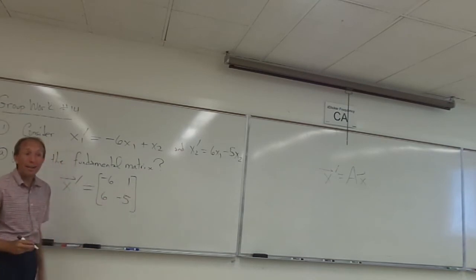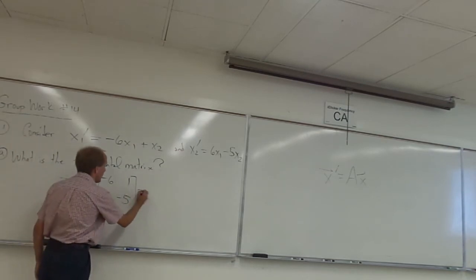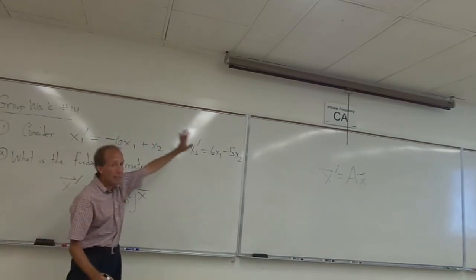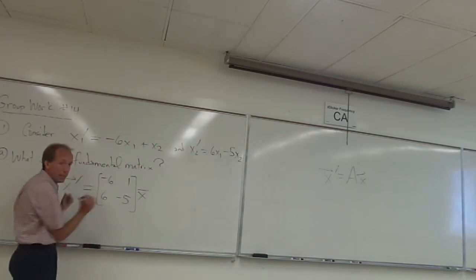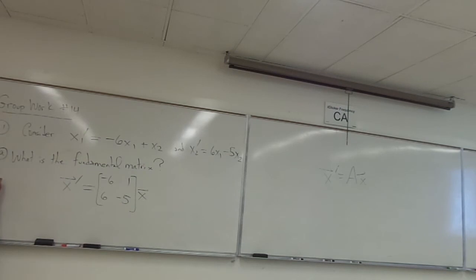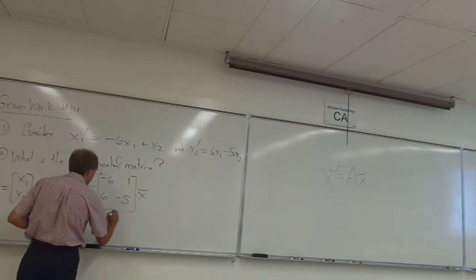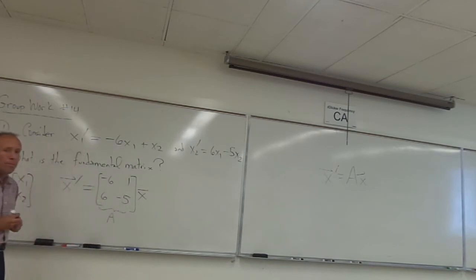Yeah, just like that, right? So keep in mind that even if I write them like that, it's really just the same thing as this. And the point is that x is just the vector of x1, x2. Okay? Does that make sense? Okay. So this is the matrix capital A.